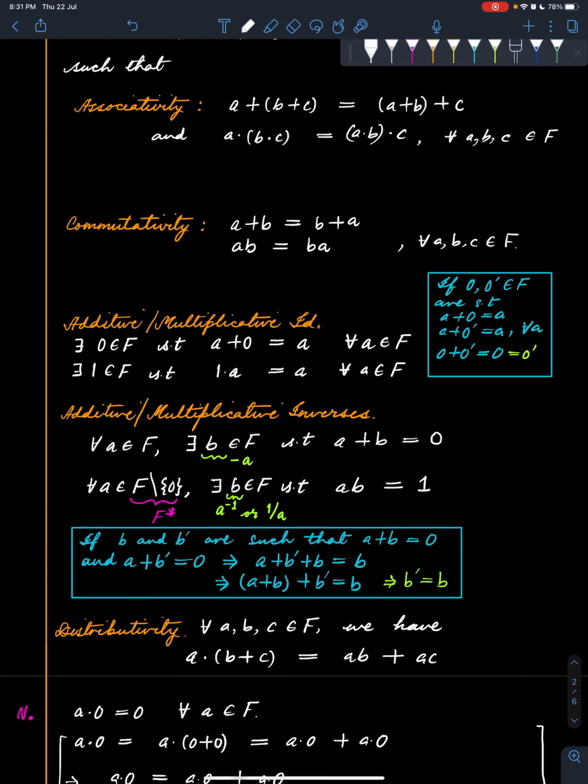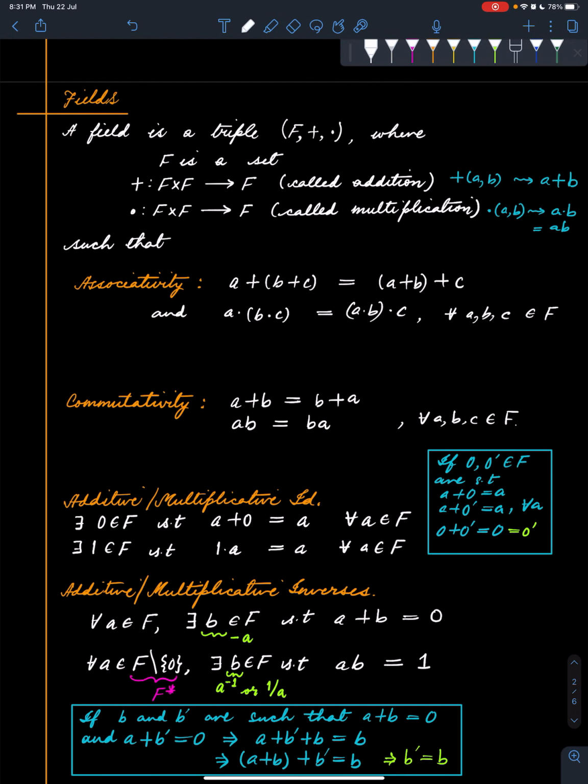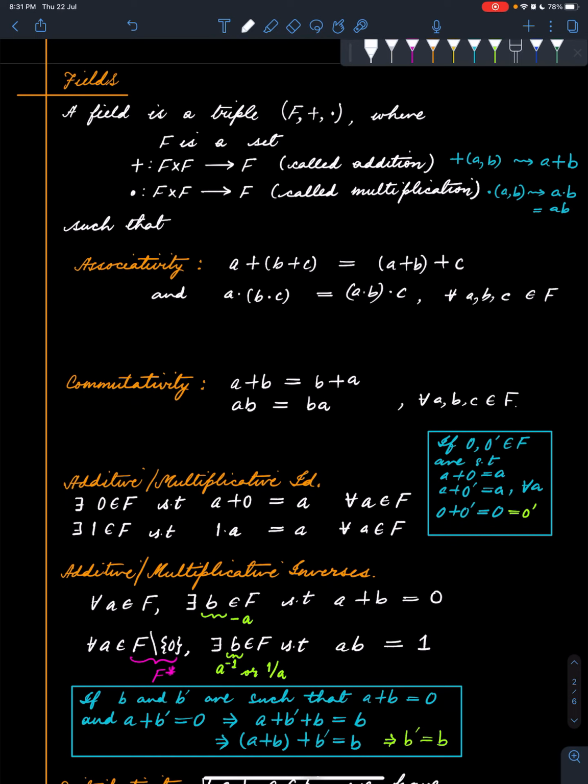Well, let me make one comment: what is a field philosophically? It is basically an object which allows for addition, multiplication, subtraction, and division. You can't do something like that in integers. You can multiply, you can add, you can subtract, but you can't divide. You can't divide two integers and get an integer. So a field is just an arena where division is also allowed.